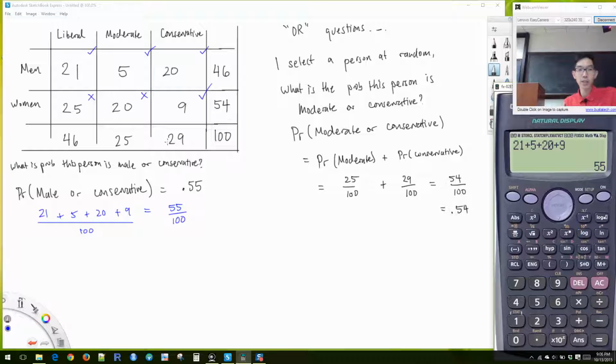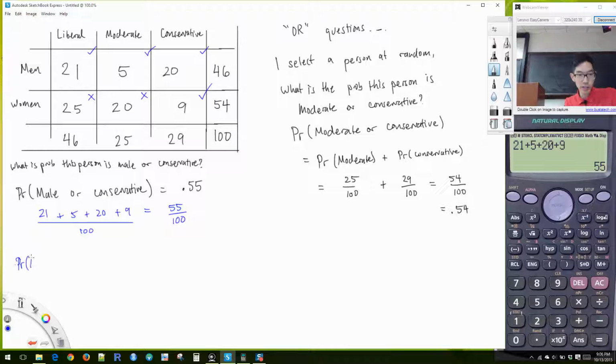I could have gotten this another way. I could have done probability of male plus probability of conservative, but I would have run into a problem: I would have double counted one of my groups. So I would need to subtract the overlap, subtracting it only once, which is the probability of male and conservative.